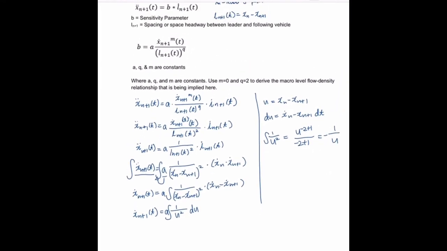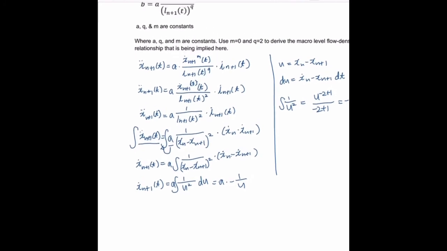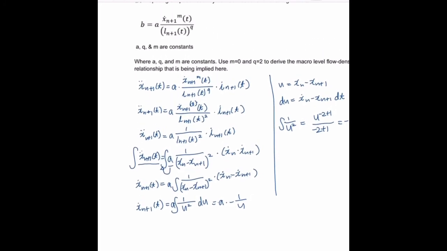So if you solve that here, it is A times negative 1 over u. Now I'm gonna plug u back in here. So the speed of the follower equals negative A times 1 over xn minus xn plus 1, which is the space headway here.